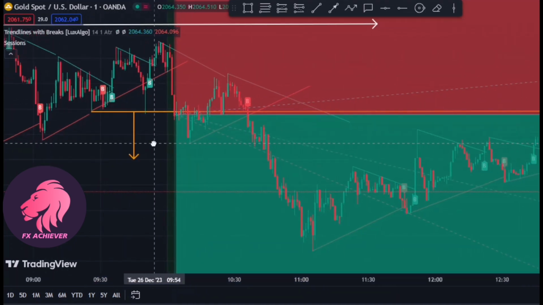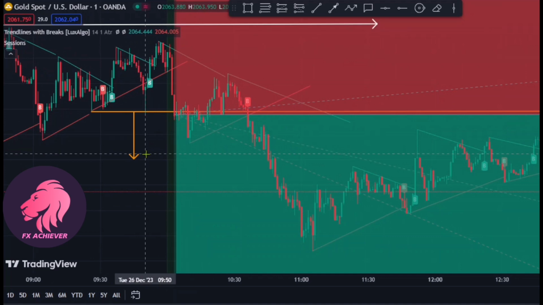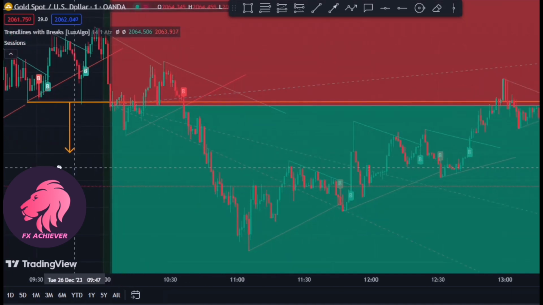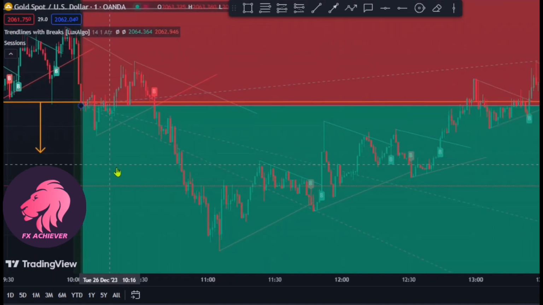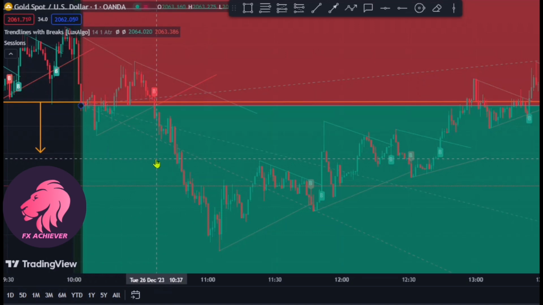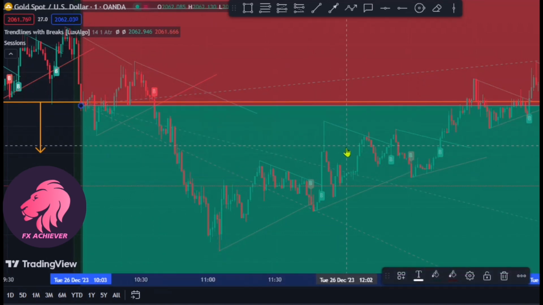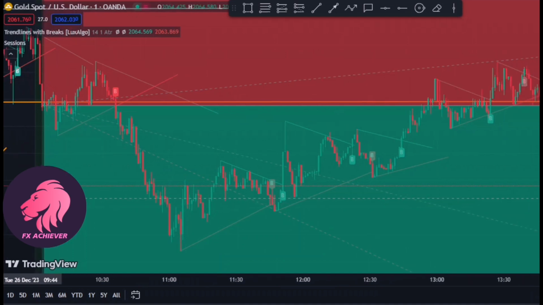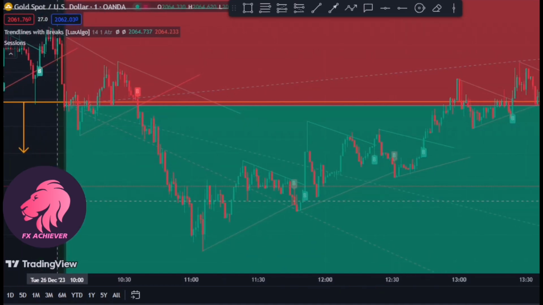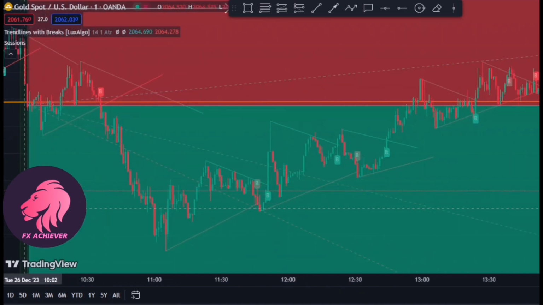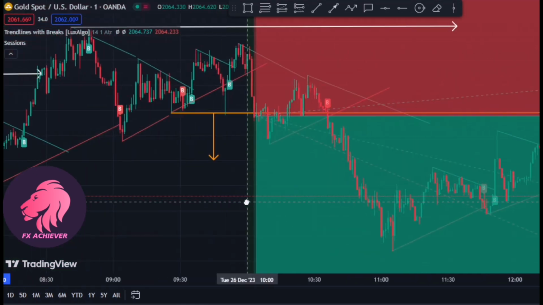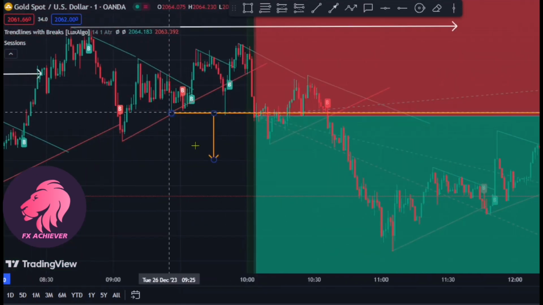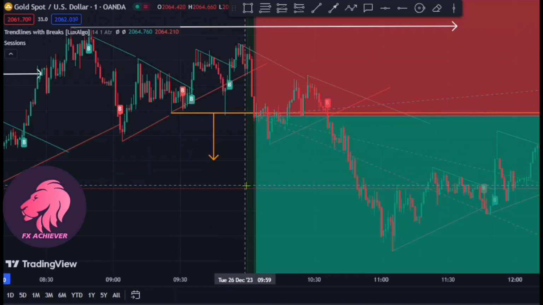I place a trade here, and I usually use a risk to reward ratio of 1:2.3. I'm just trying to explain this as much as I can.